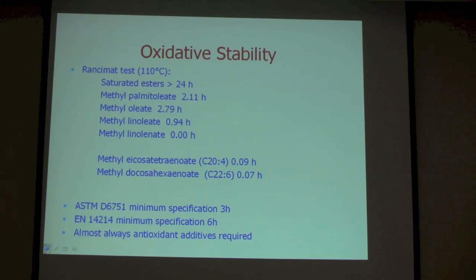So some people have made a little bit of a deal out of the 3 hour versus 6 hour difference between D6751 and EN 14214, but if you look at the data here, considering that essentially all unsaturates are below the 3-hour specification anyway, it's probably not a big deal, my personal opinion. Anyway, next slide, please.